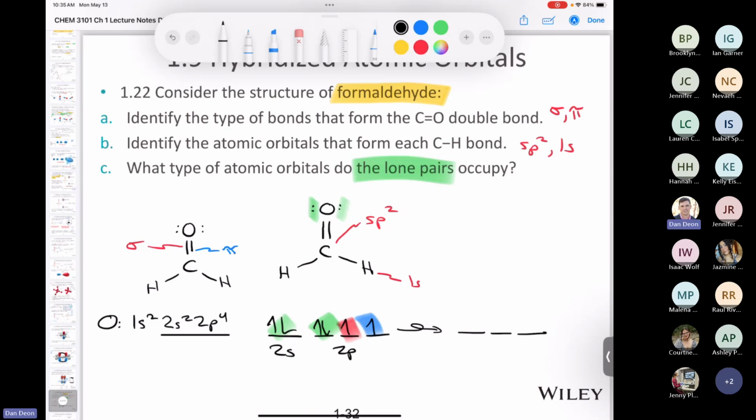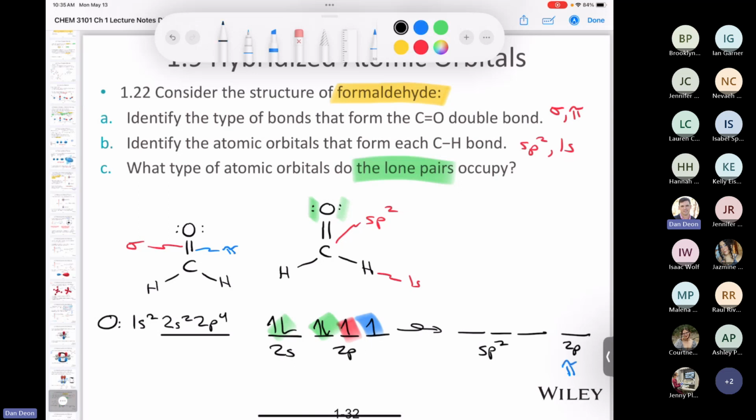If you're saying, well, why aren't you hybridizing all 4? The reason you hybridize 3 is because one of these bonds is a pi bond. And for a pi bond, you don't use a hybrid orbital, you use an unhybridized p orbital, right? So we're going to have 3 degenerate sp2 orbitals, and then we're going to have 1 2p orbital that we left untouched. This is the one that's going to be used to make the pi bond, okay?